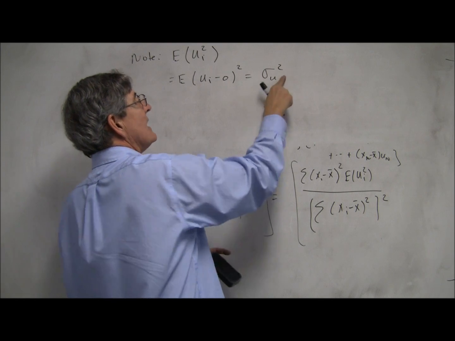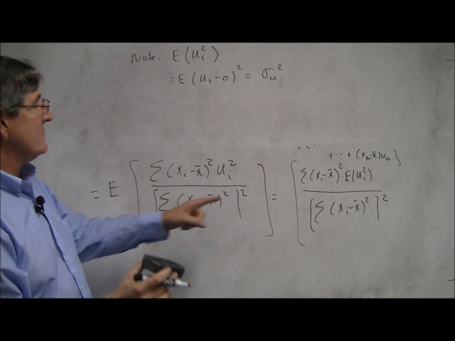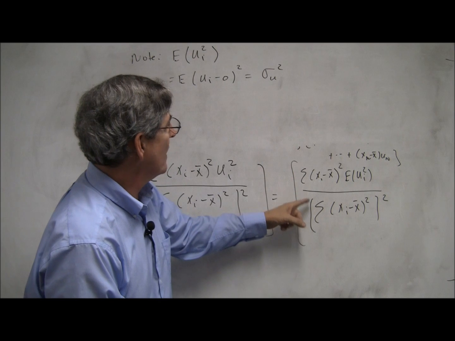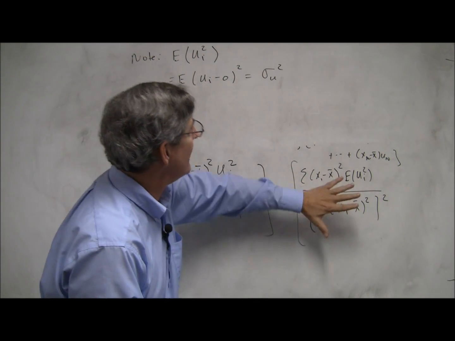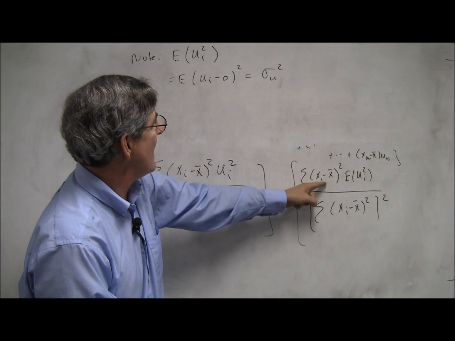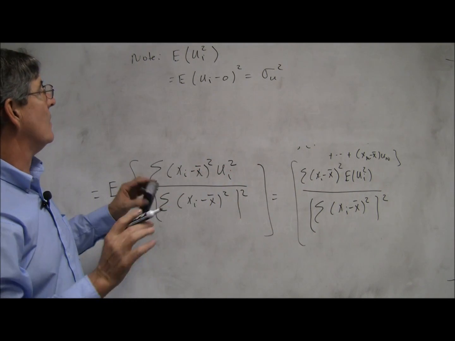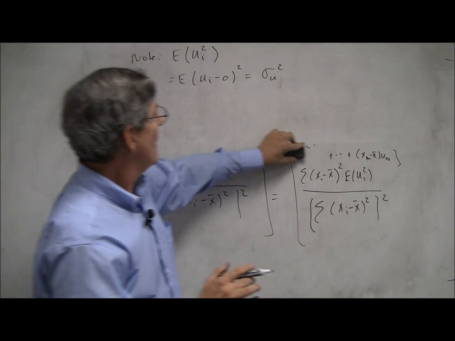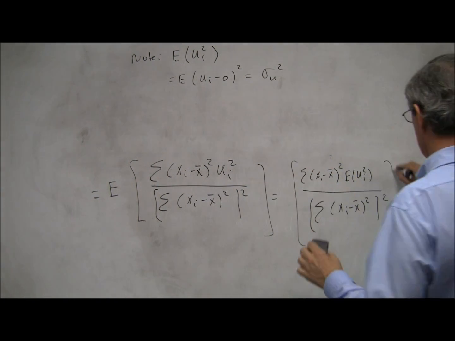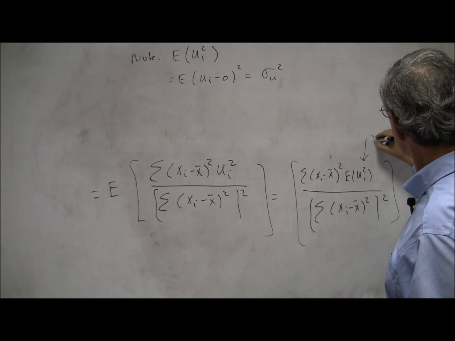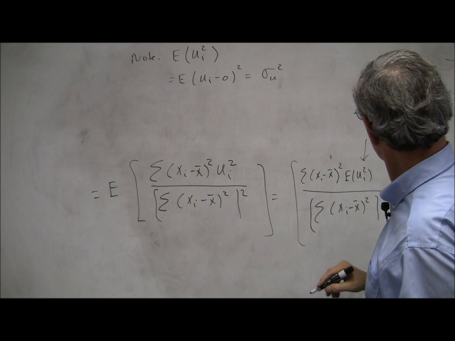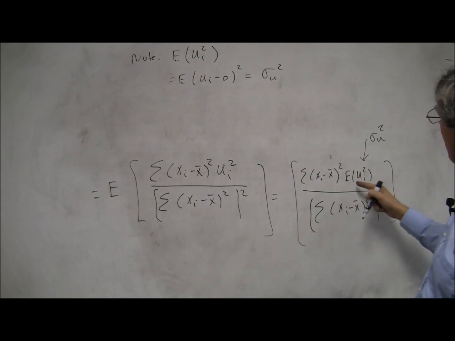But since it's homoscedastic, those are all the same. That's what makes the formula different. The formula before had an xi minus x bar up here, and that's because we couldn't make this assumption. But don't worry about what I just said. So this right here is going to be sigma squared u, because it's the same for all i.